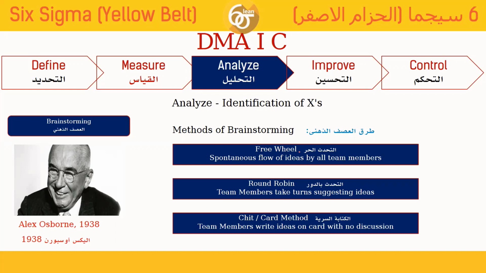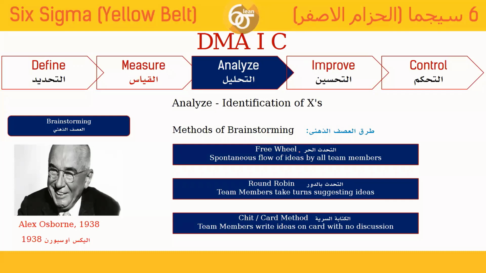Because there is no name on the paper, he can write freely. You collect all the papers, put them on the table, and then discuss them one by one, and you will find the root cause for this problem is the manager himself.